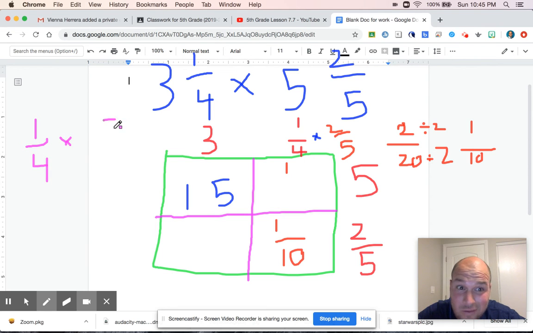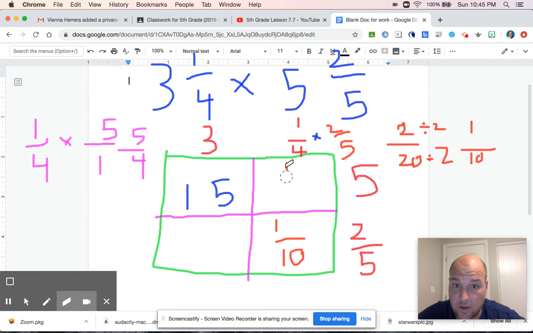So I'm just going to do 5 over 1 to confuse us less, because we know we can just multiply straight across. 1 times 5, 5. 4 times 1, 4. So I got 5/4, which is more than 1, because look at our numerator, it's bigger than our denominator. So 1/4 times 5 over 1 is 5/4.